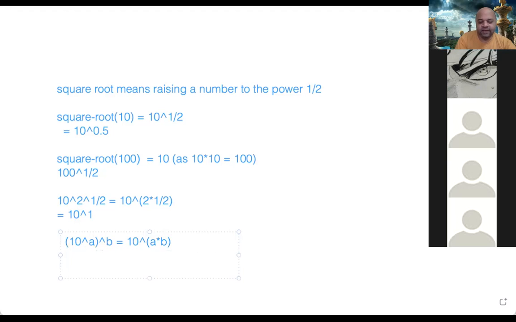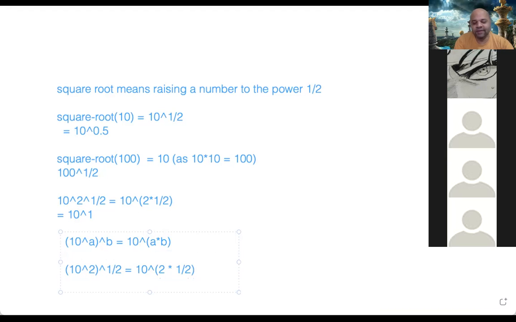What this means is that if I take 10 to the power 2 and raise it to 1 by 2, now a is 2, b is 1 by 2. So it is the same as 10 raised to 2 multiplied by 1 by 2. 2 multiplied by 1 by 2 is 0.5, and 2 multiplied by 0.5 is 1.